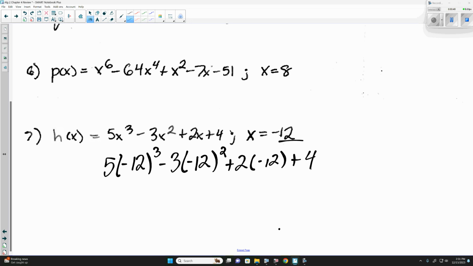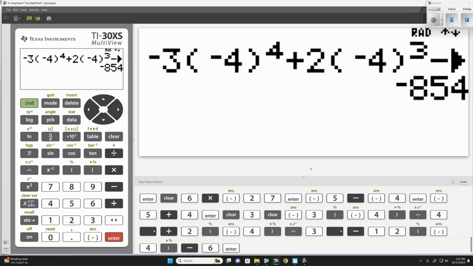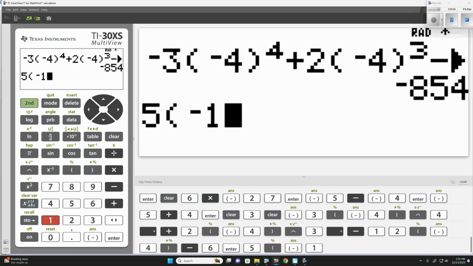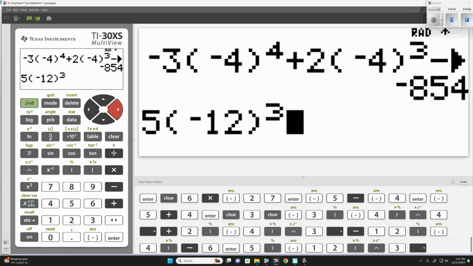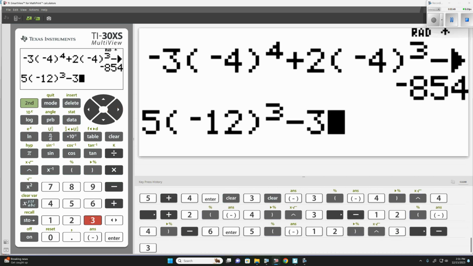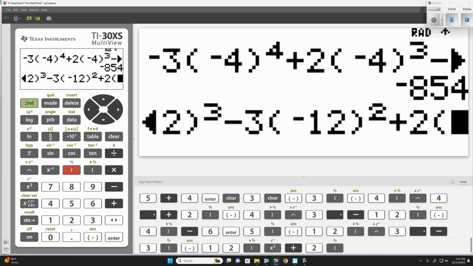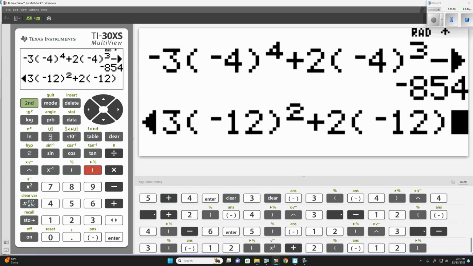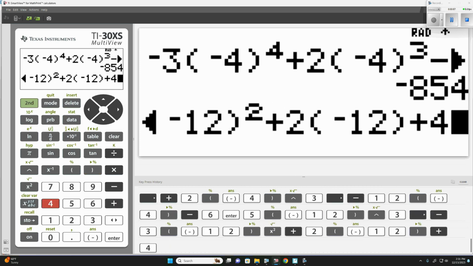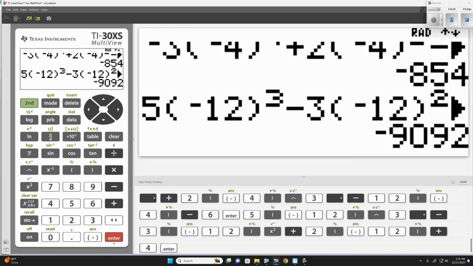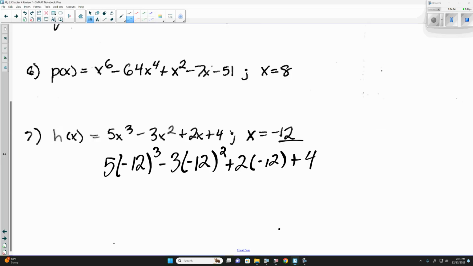We're replacing every x with negative 12. And then we can type it in. 5 times negative 12 to the third minus 3 times negative 12 squared plus 2 times negative 12 plus 4. And if we type it all in to the calculator, it'll tell us it is negative 9,092. And that's it.